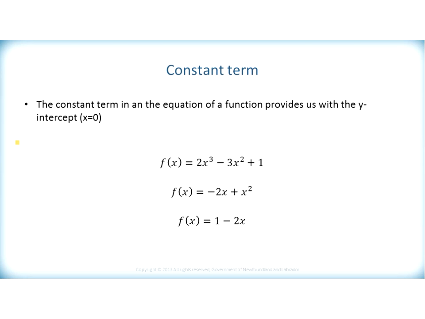The constant term here is 1. That means there's going to be a y-intercept at 1. Here in a function of degree 2, a quadratic function, we have a constant term of 0. And here, in a linear function, we have a constant term of 1 again.